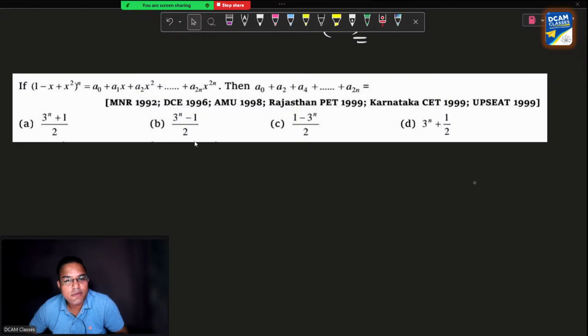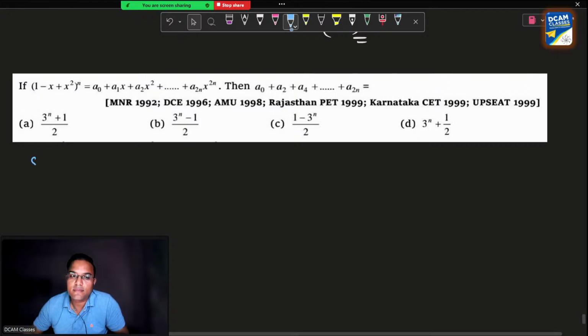You should be able to get the answer if you put x is equal to 1 and x is equal to minus 1. Yeah, that's what I did, sir. But at first I was expanding it whole. That's actually the method we have learned from the beginning. I did something wrong, so I then substituted it.